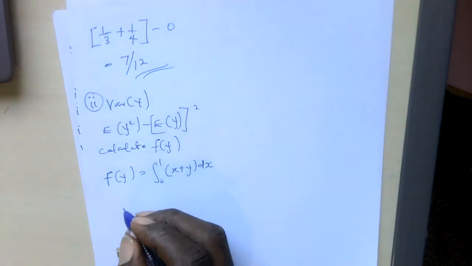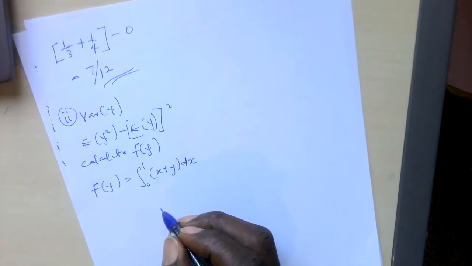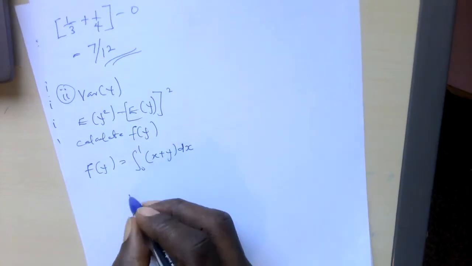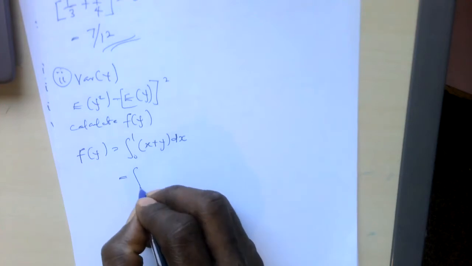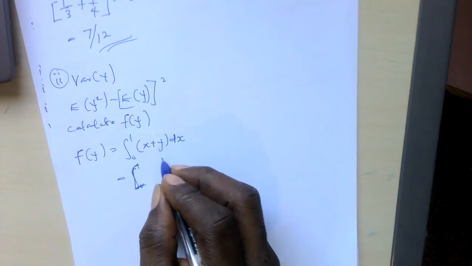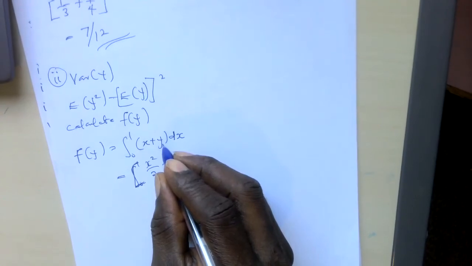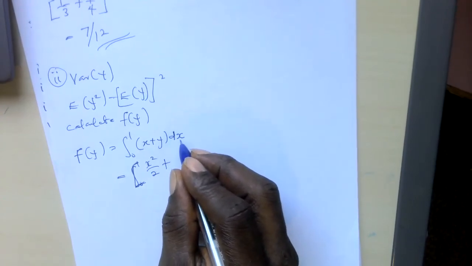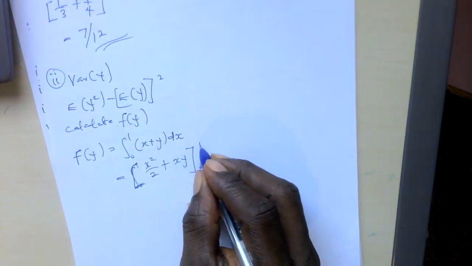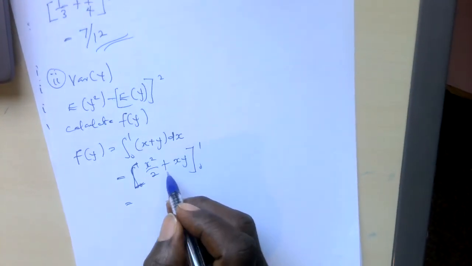So here, okay, let's integrate this. With respect to x, you have x squared over 2. With respect to x, y is seen as a constant because we are integrating with respect to x. So that's xy. So substitute 0 to 1. We have now put 1 for all the values of x.